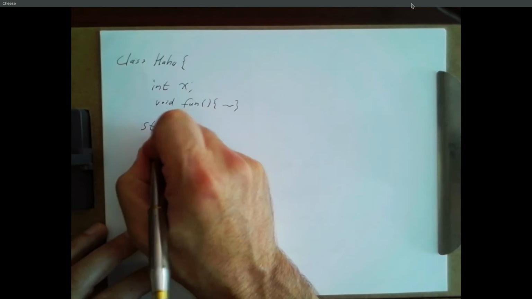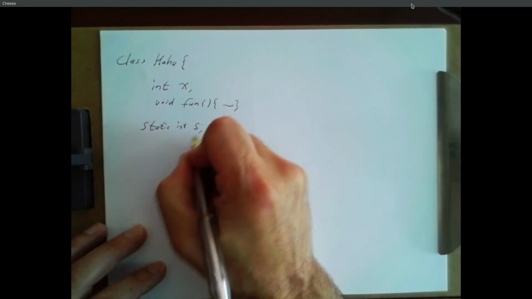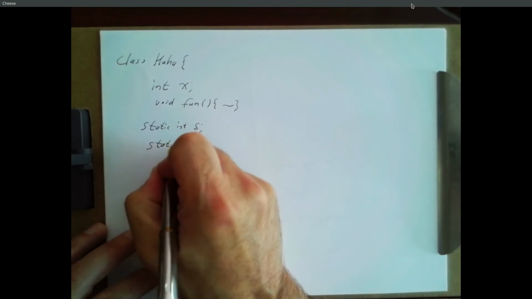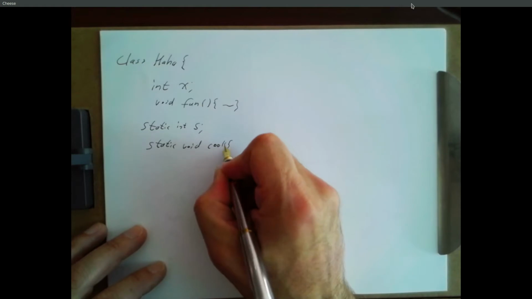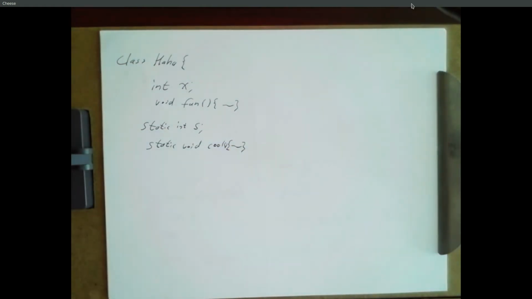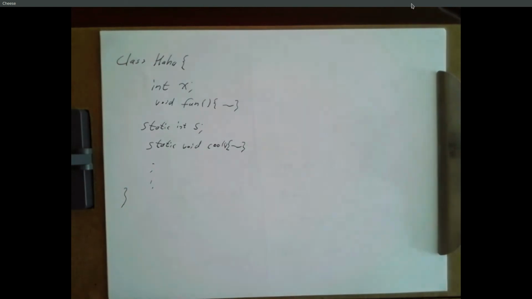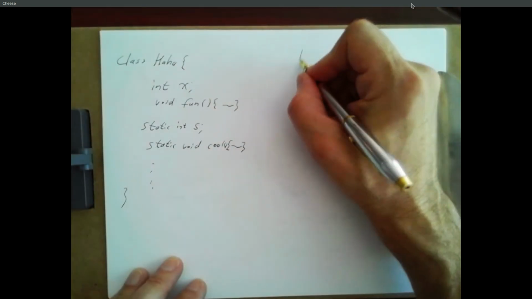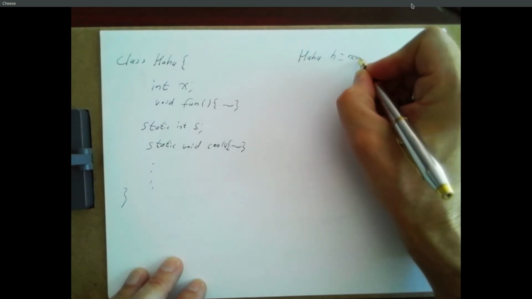It's got a static integer s, and it's got a static function called cool, and it's probably got some other stuff. All right, so if I make an object of type haha, haha h equals new haha.